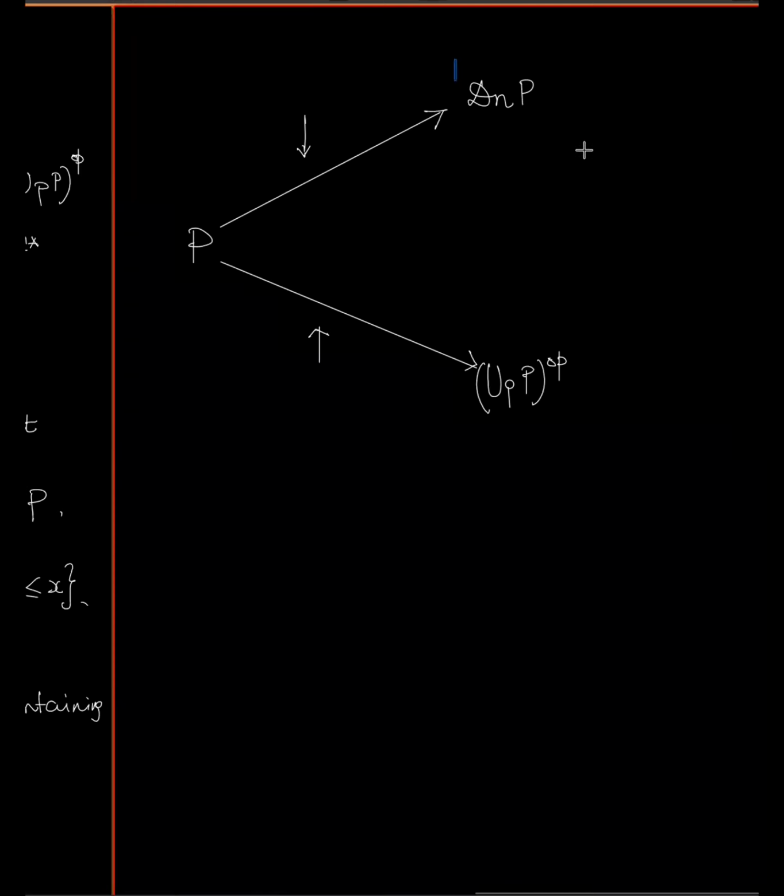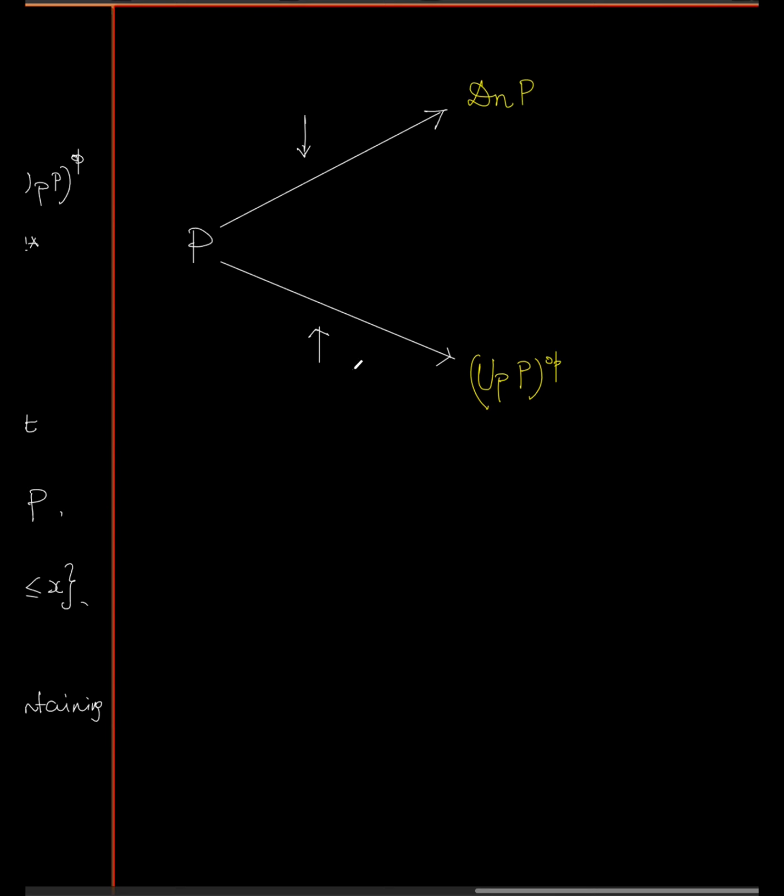Let me write them in another color to show that they are actually this. So both of them are complete lattices. So therefore, in particular, this one has all suprema.